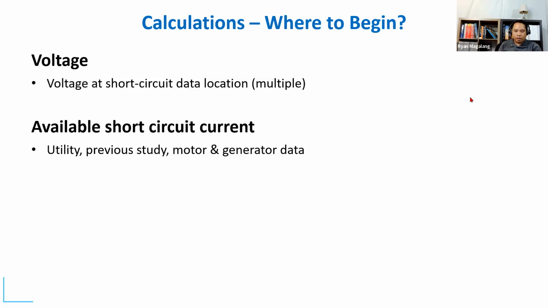It can be determined also from a previous study, depending on how old the study was, because we know that fault levels generally tend to increase over time for a utility. So the fault level today will probably not be the same 10 years from now. It tends to go up.